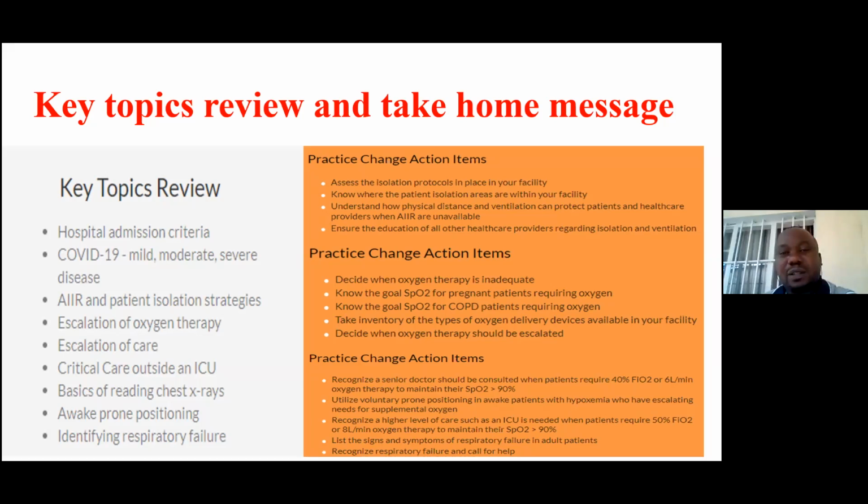Our practice change actions are to have around you all necessary equipment, have an isolation room in your setting, and try to know when to call senior or critical care providers for consultation.